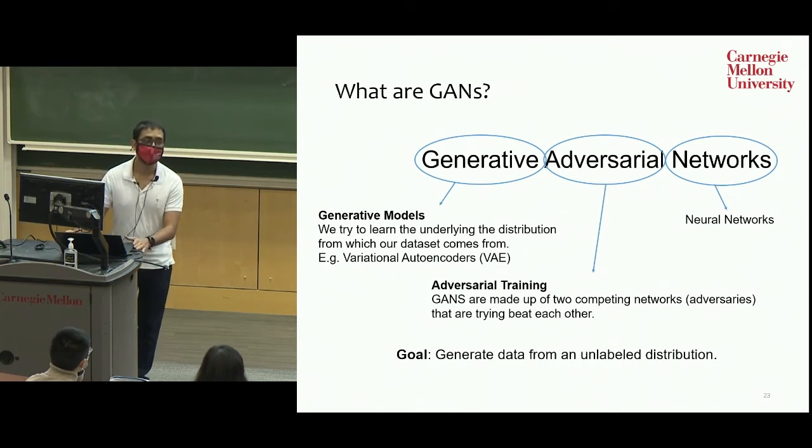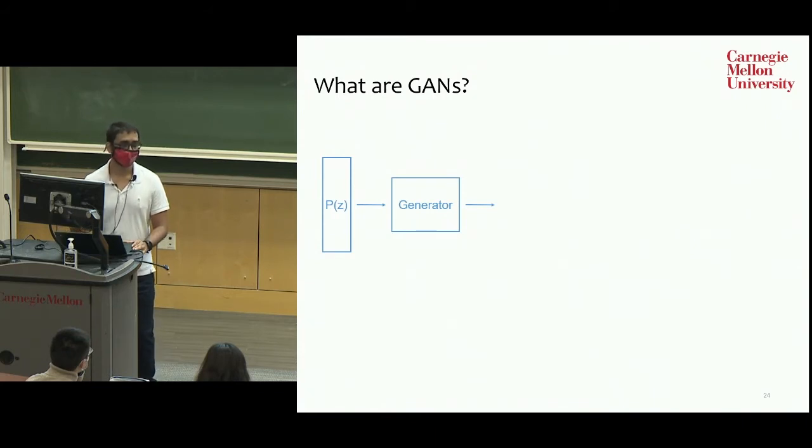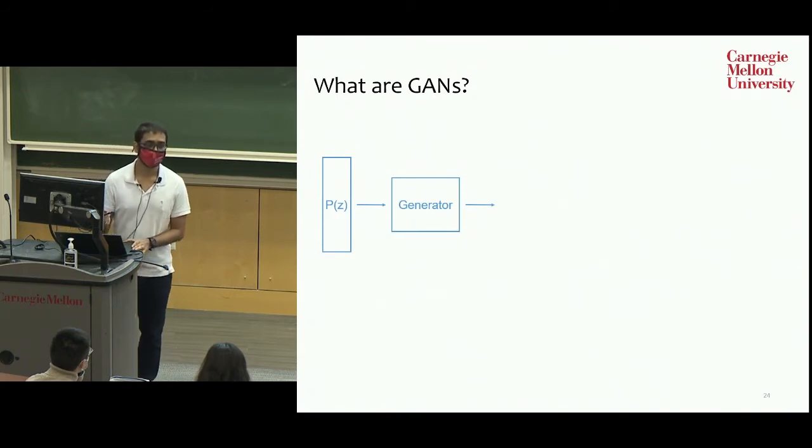So the whole goal of training a GAN is to generate from an unlabeled distribution. What are the components? You have the input, which follows some distribution.